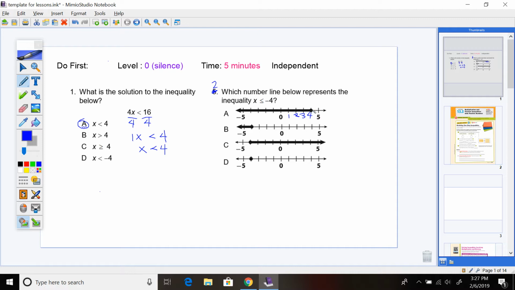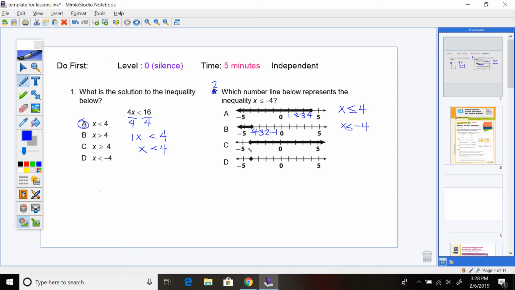However, it's a +4. So here we have x less than or equal to 4. Letter B, we have -1, -2, -3, -4. We have x less than or equal to -4.